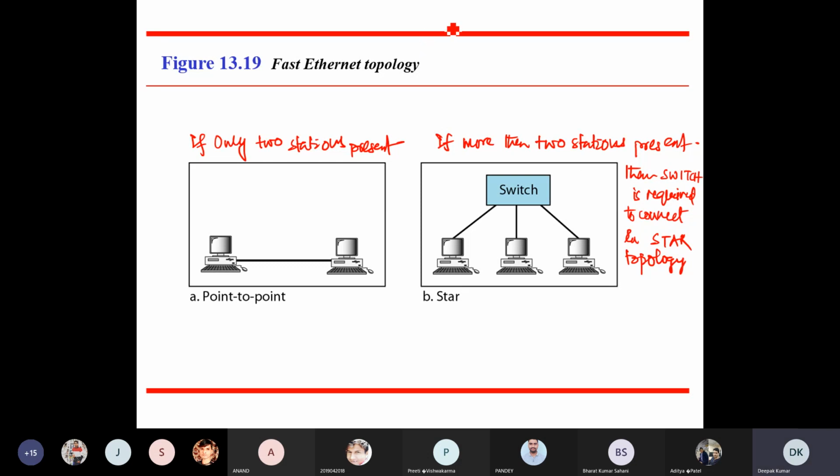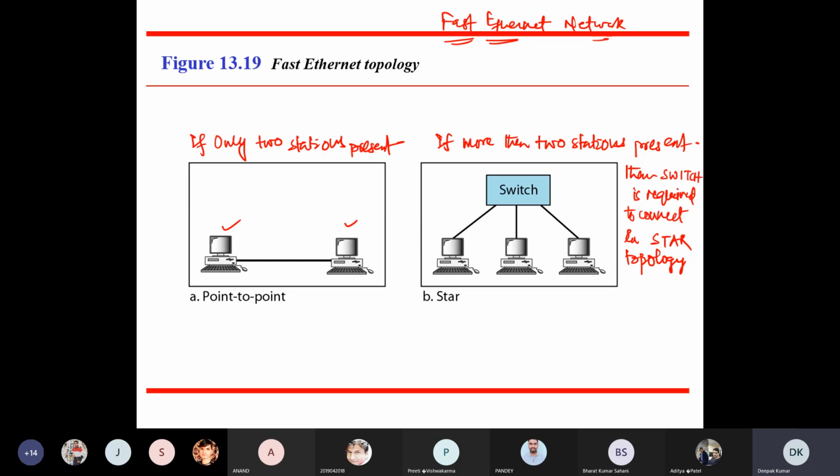So for the 100 Mbps or fast Ethernet network, if only 2 nodes are present, there will be a point-to-point connection, and a single pair of cable will give you the best performance. No need to put in extra electronic components or extra network complexity.